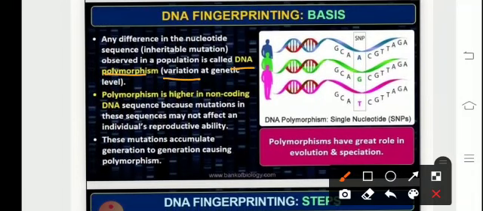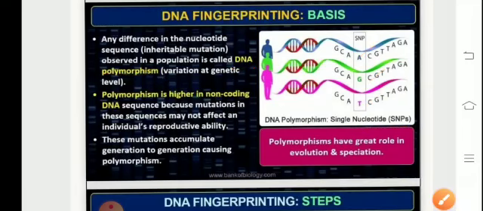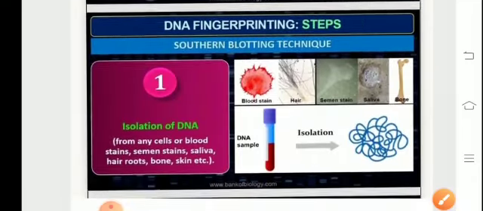Here we see that changes occur because of just a change in one nucleotide, and that is what is referred to as SNPs. Polymorphisms play a great role in evolution and speciation, that refers to formation of new species. When these mutations get accumulated from one generation to the next, that would lead to polymorphism.